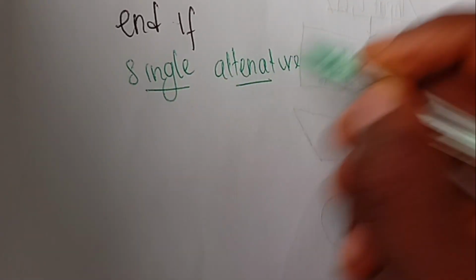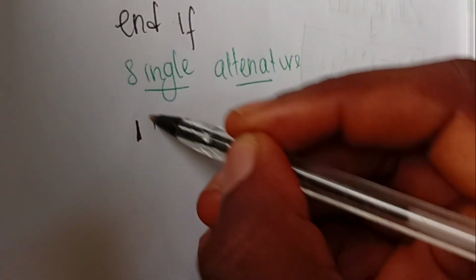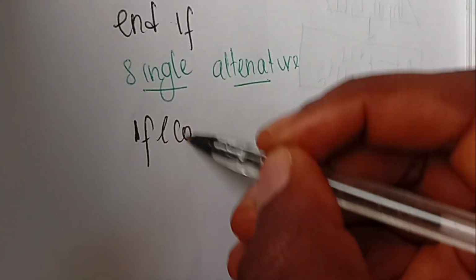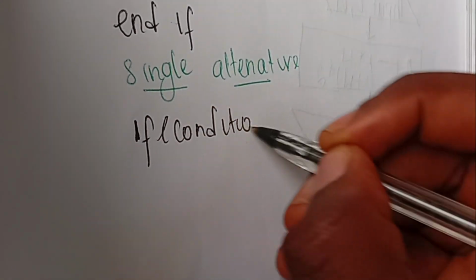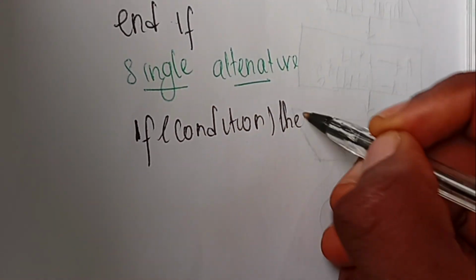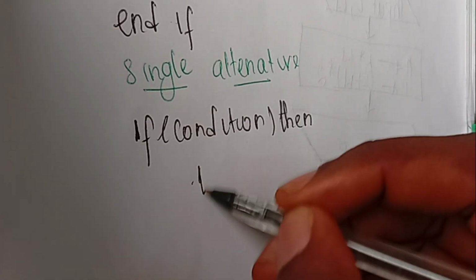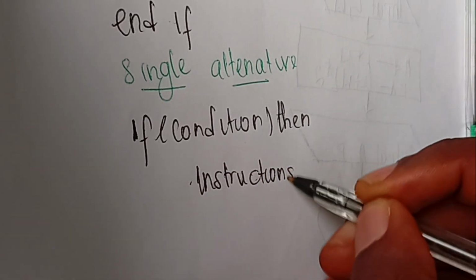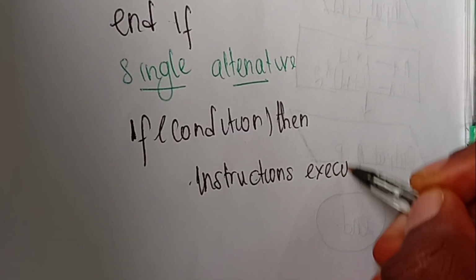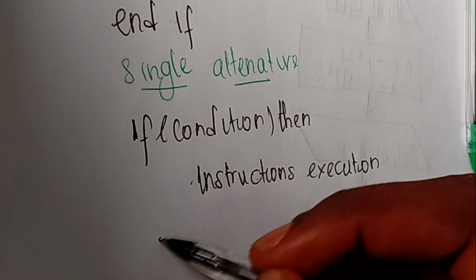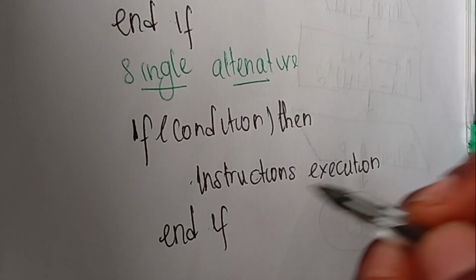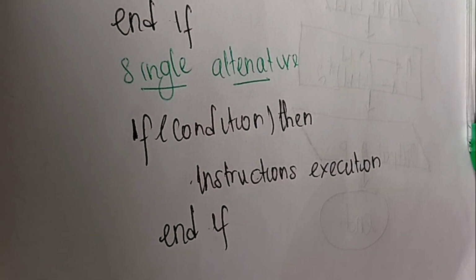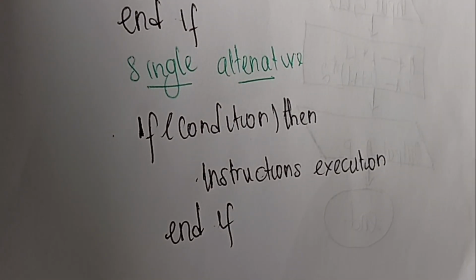A single alternative is simply a classic if statement, if condition, and then instruction execution. And we simply end the if. Now let's take a look at their flowchart.